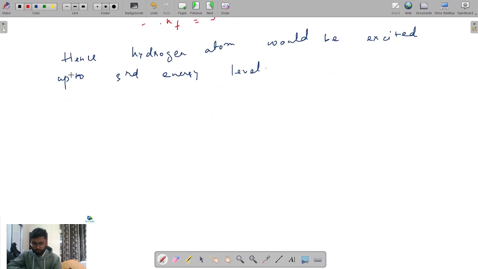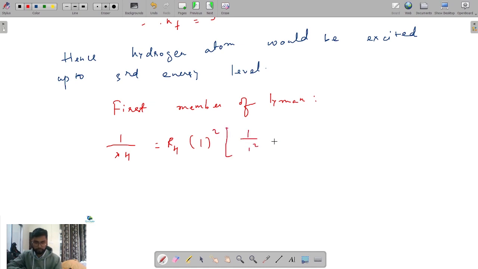Next, let's calculate the first member of Lyman and the first member of Balmer. So the first member of Lyman series can be given as 1 by lambda is equal to Rh, 1 by 1 square minus 1 by 2 square.